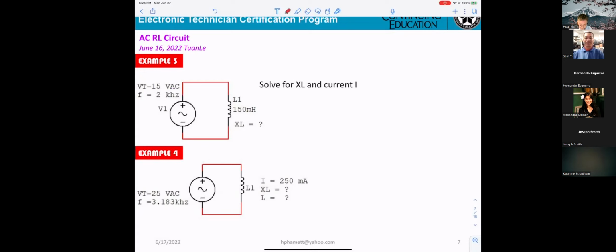For the inductor's impedance, I got 1.88 kiloohms. 1.88 Henry? No. Oh, kiloohms. 1884, which is basically the same thing. That's K though, the way you got it, Mr. Pham.